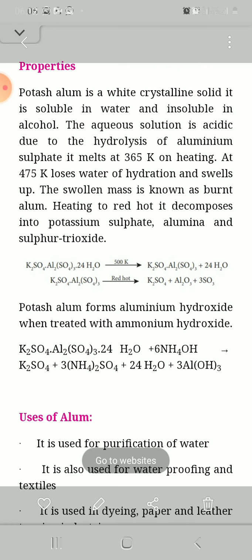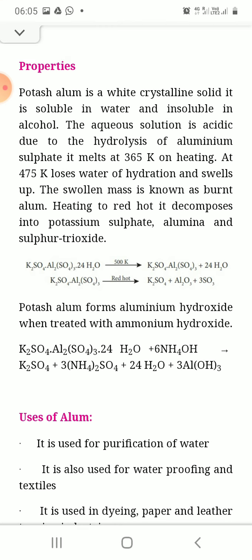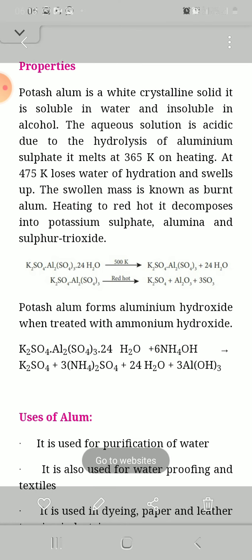Then heating to red hot, it decomposes into potassium sulfate plus alumina plus sulfur trioxide. So here you can see the equation. Potassium alum heated at 500 Kelvin, we can get K2SO4 Al2(SO4)3 plus 24H2O, first to release the water molecules. Then again we can heat to red hot condition.